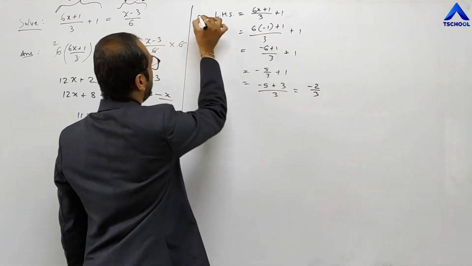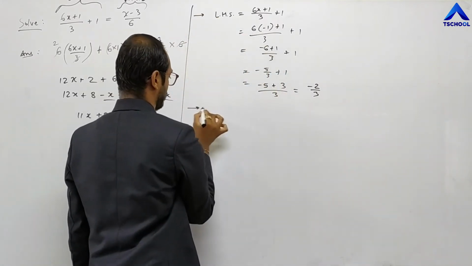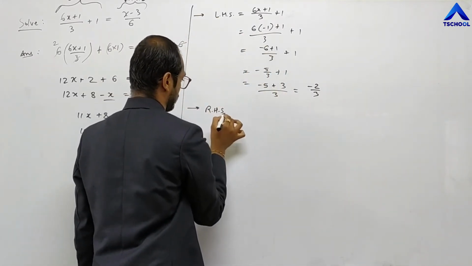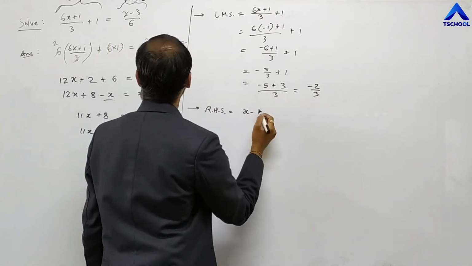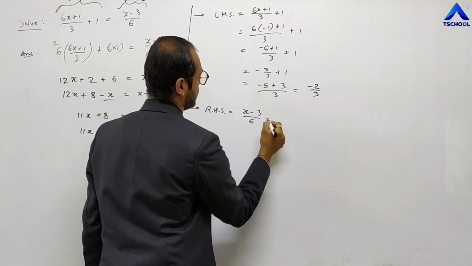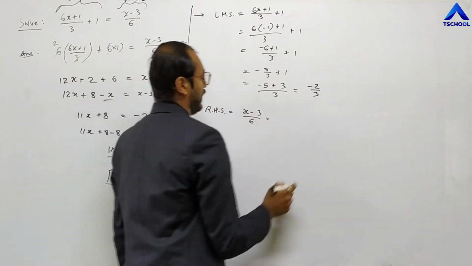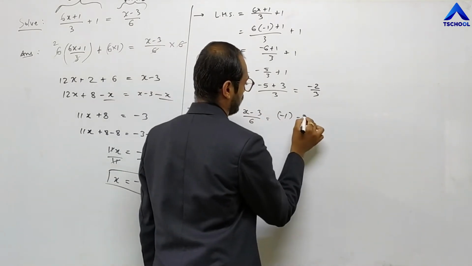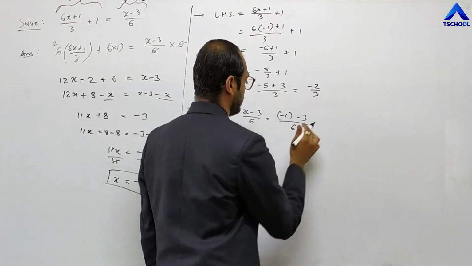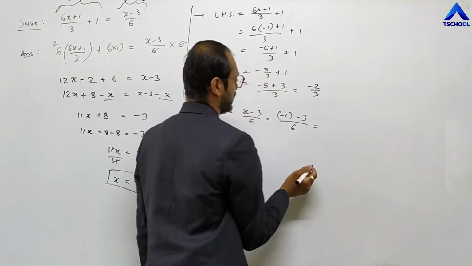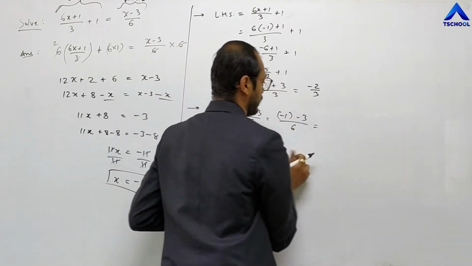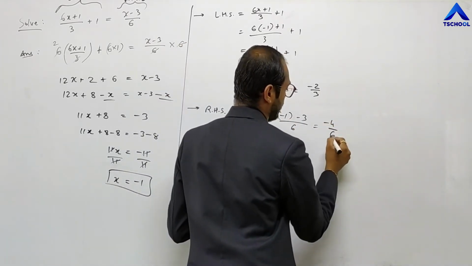Now let me find the value of RHS. What is the equation of RHS? The expression of RHS is x minus 3 divided by 6. By putting the value of x, minus 1 minus 3 divided by 6. Here it is minus 1 minus 3, and the answer is negative. So minus 4 by 6.